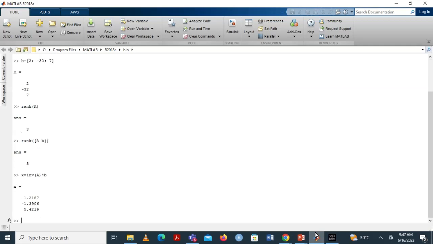So after pressing enter, I've gotten the solution to the simultaneous equation. Now let's use the second formula to validate the first answer. So x is equal to A backslash B. Let's press enter. So we are getting the two answers to be the same.